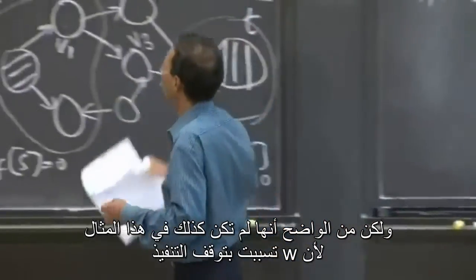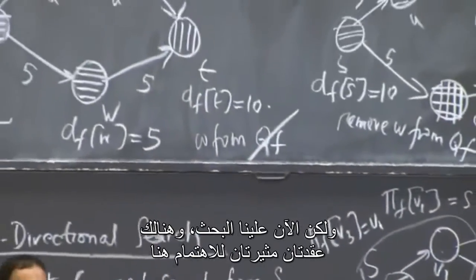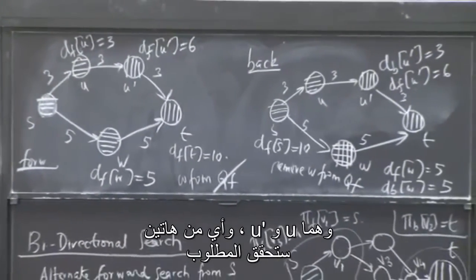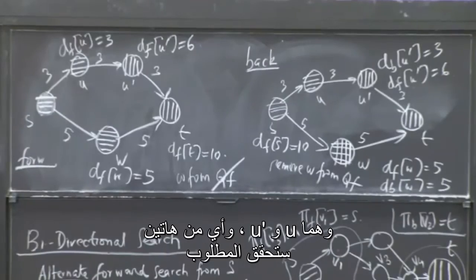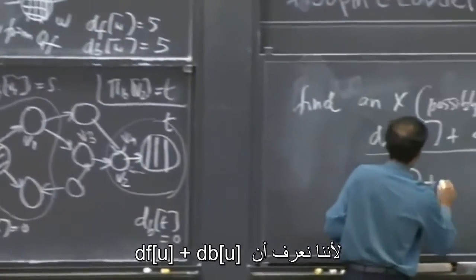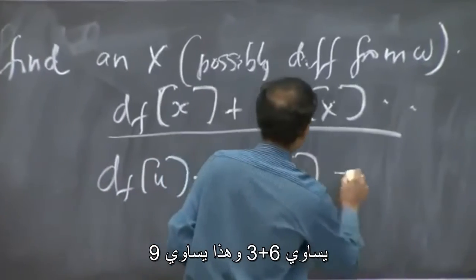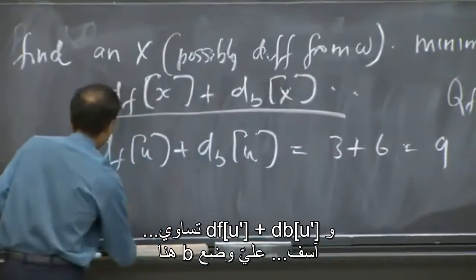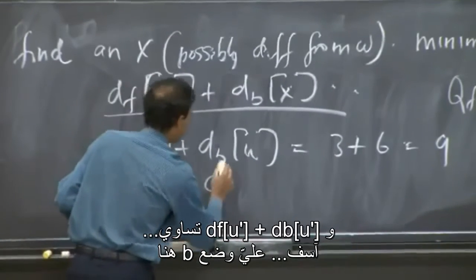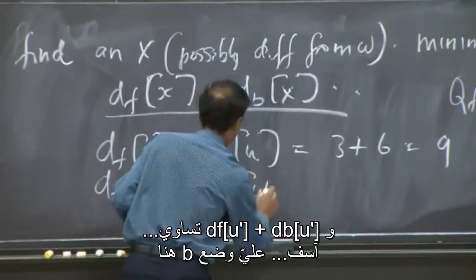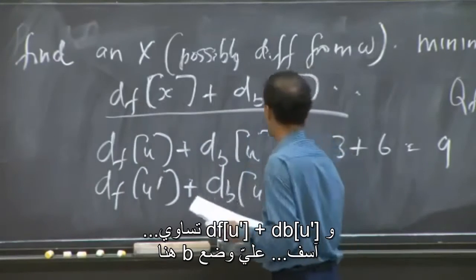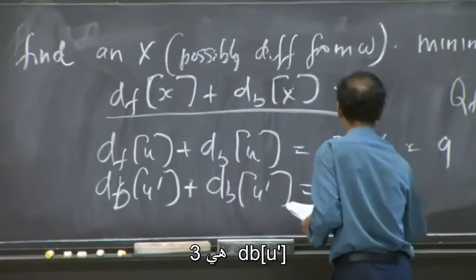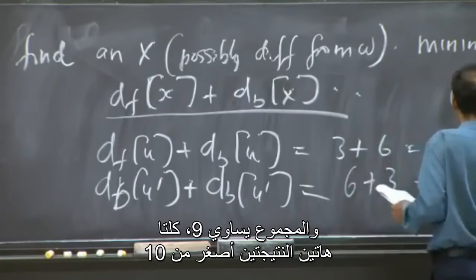So in this example, w causes the termination, but now we need to scan, and there's only two other vertices that are interesting here, which are u and u prime, and either of those will fit the bill, because df of u plus db of u equals 3 plus 6 equals 9, and df of u prime plus, I'm sorry, I should have put db here, db of u prime would be 6 plus 3 equals 9, right?